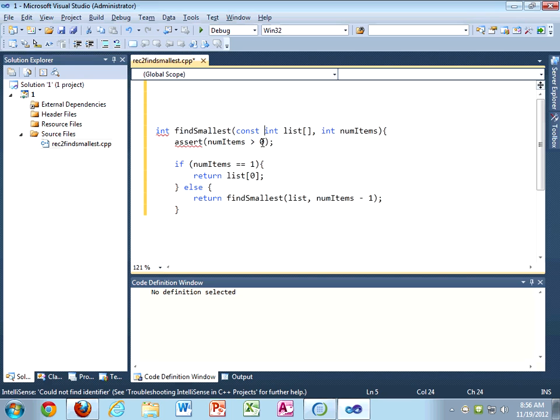So if list sub num items minus 1, yeah, minus 1, because that's the last item in the array, right?